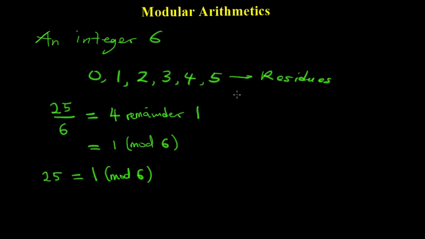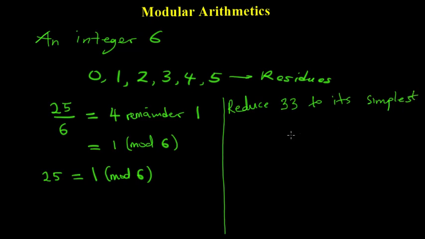Now let's take it forward. We'll take another example. Let's say the question says reduce 33 to its simplest form in modulo 4.